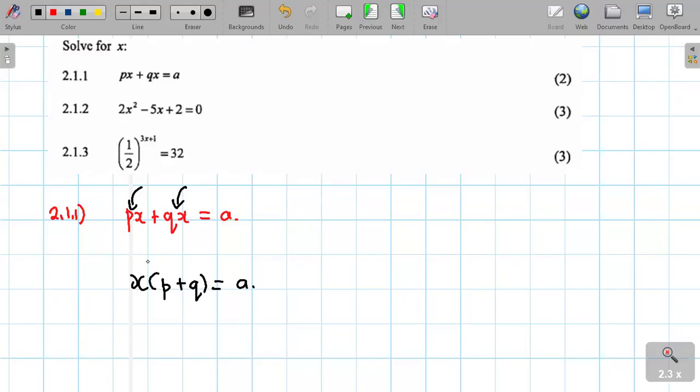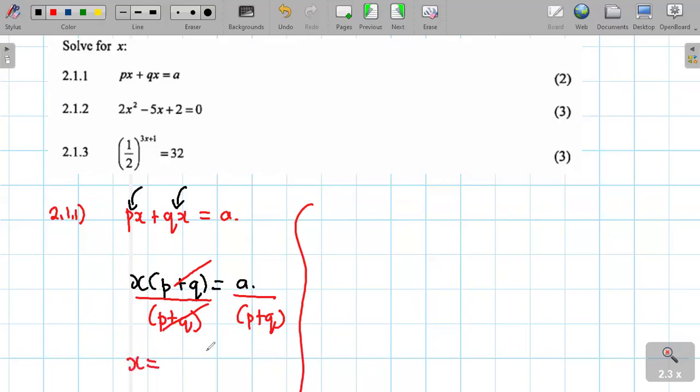Remember, I want x. I'm going to divide both sides by P plus Q. This and this cancel. What is x? x equals A over P plus Q. Easy, simple, straightforward. It doesn't need you to do a lot of things, just a little simplicity, then you're good to go.